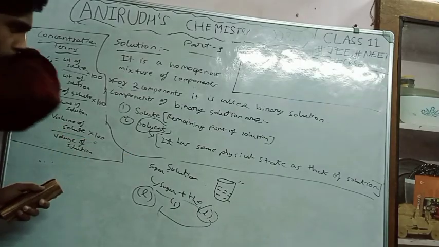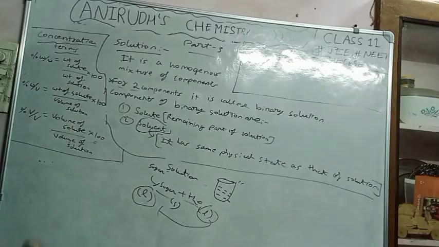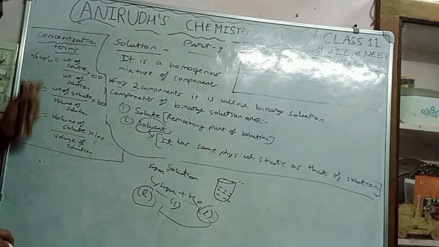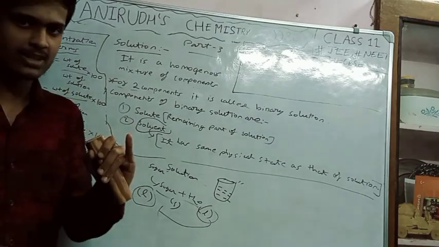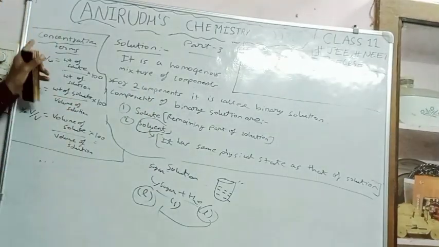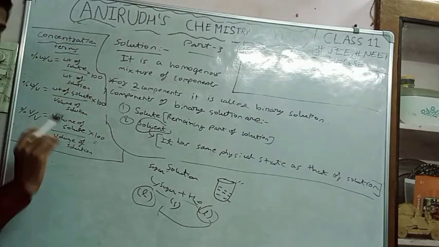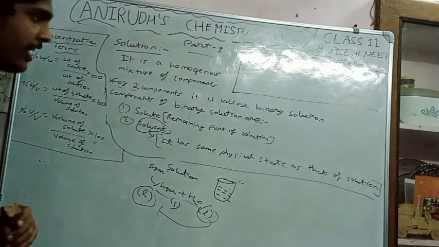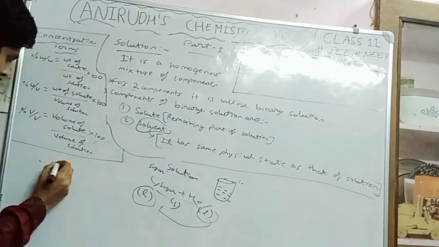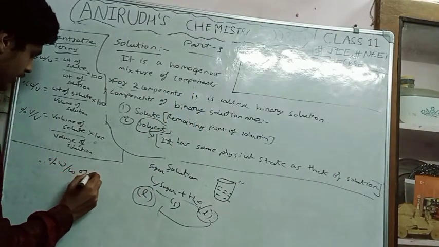After this, you will be understanding concentration terms. You have so many concentration terms. First let us understand weight by weight percentage, weight by volume percentage, and volume by volume percentage. Now these are concentration terms. First, what is percentage weight by weight? In a question they may ask you the percentage weight by weight of NaCl in H2O.